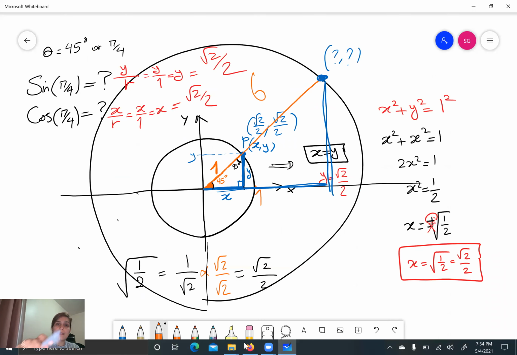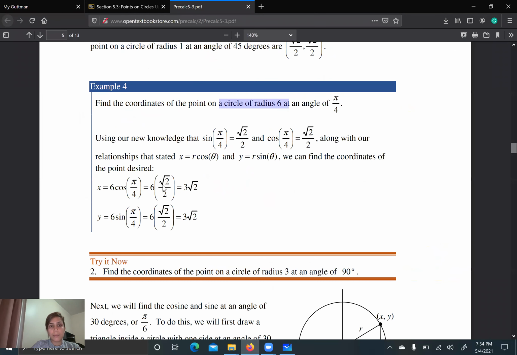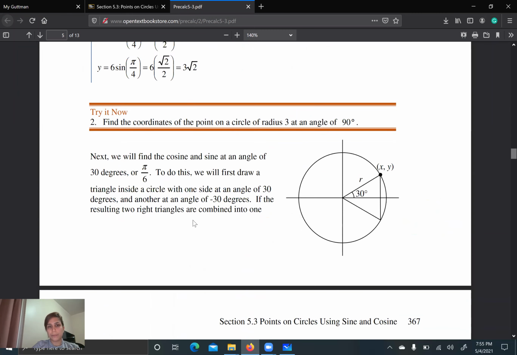If the radius of the circle is 6 times bigger, then with the same ratio, the x value and y value are bigger. So we need to make them bigger 6 times. In other words, just multiply them by 6. Multiply square root of 2 over 2 by 6, and square root of 2 over 2 by 6. So you get 3 square root of 2 for both of them.